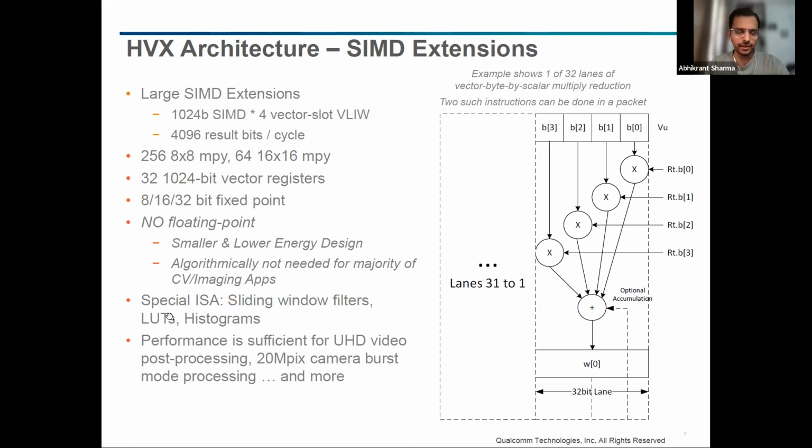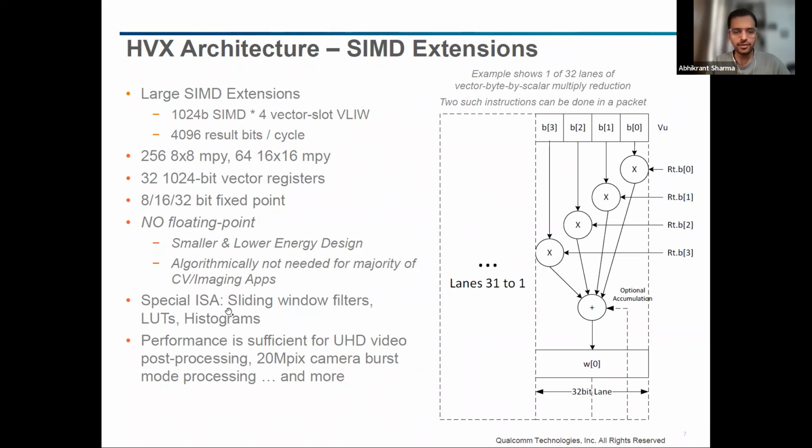HVX also specializes in some dedicated instructions which augment image processing applications. When you're performing convolution on a very big image, for those of you who have studied it in your mathematics courses, you might be aware that convolution on any bigger image or matrix is performed using a technique called the sliding window approach.